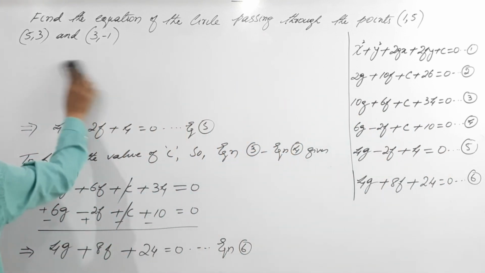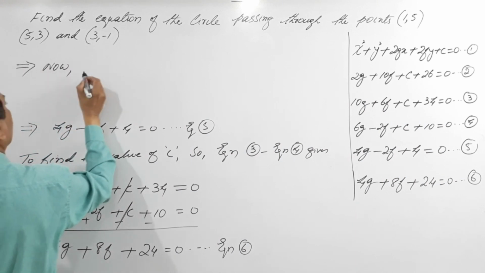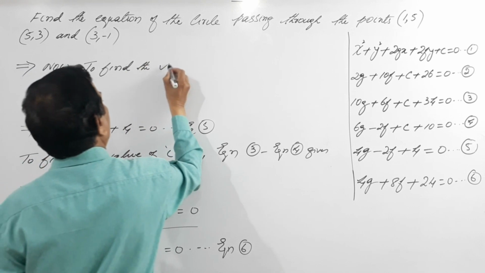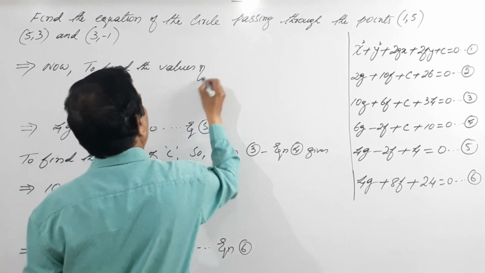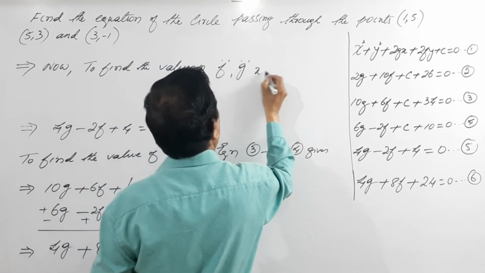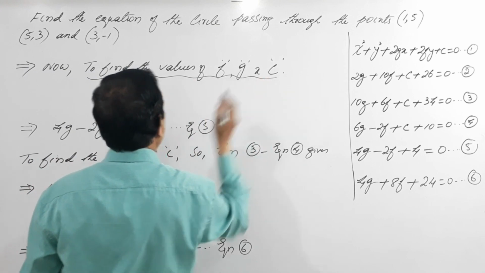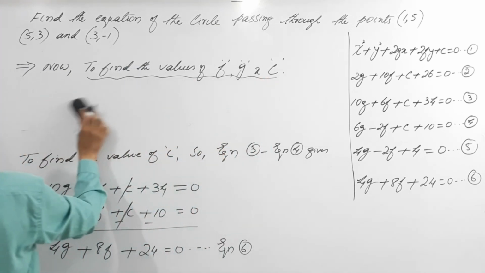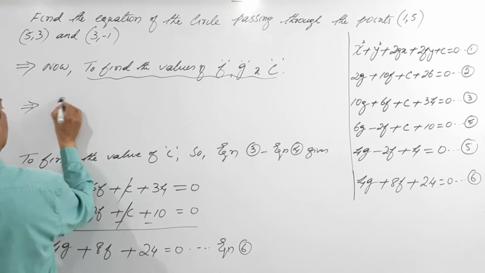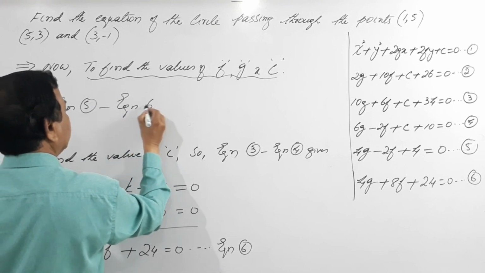Now, to find the values of F, G and C, what I do is take equation 5 minus equation 6.